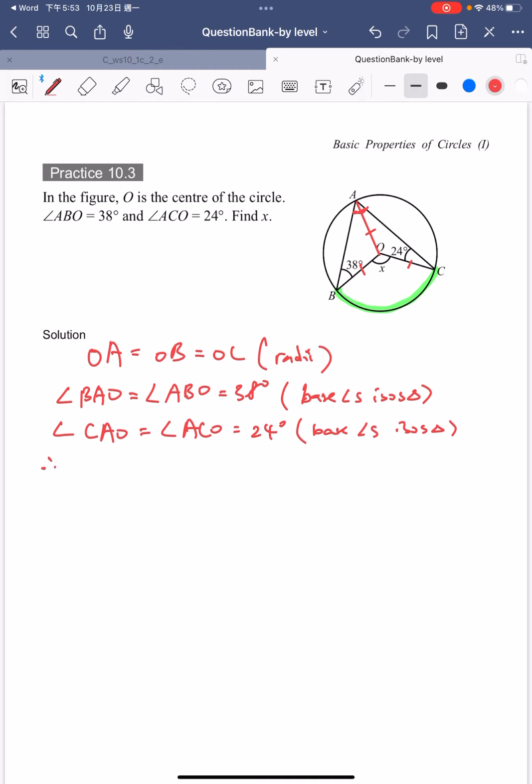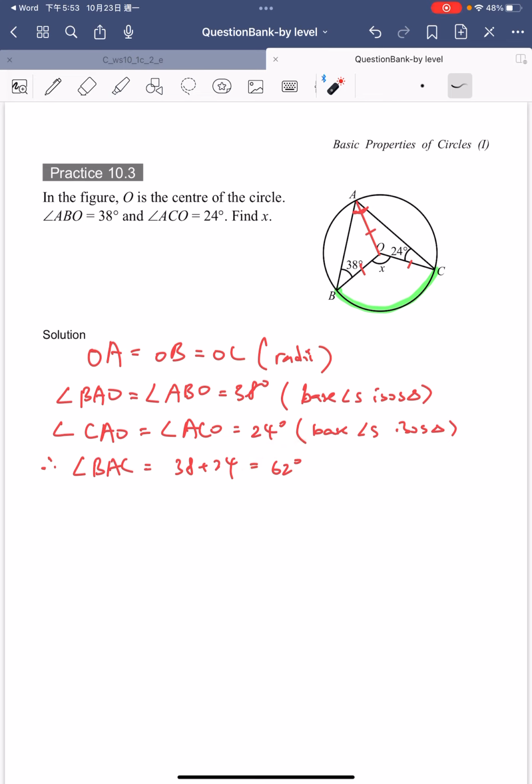So the angle BAC is equal to 38 plus 24, giving you 62 degrees.